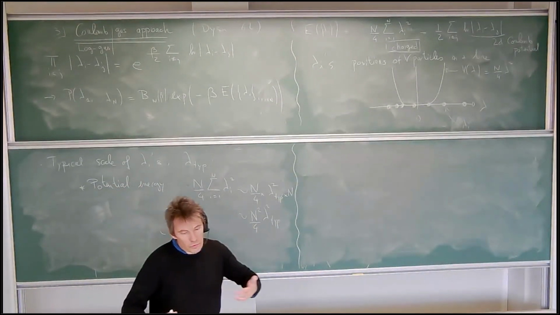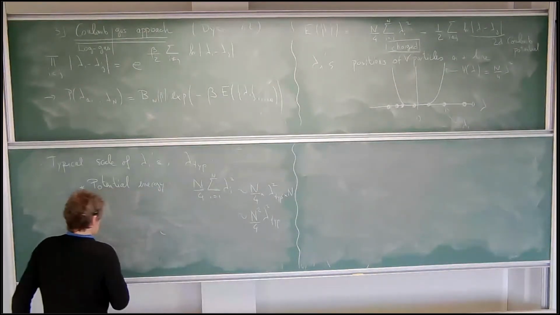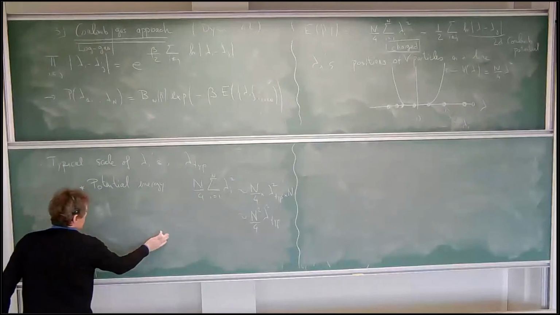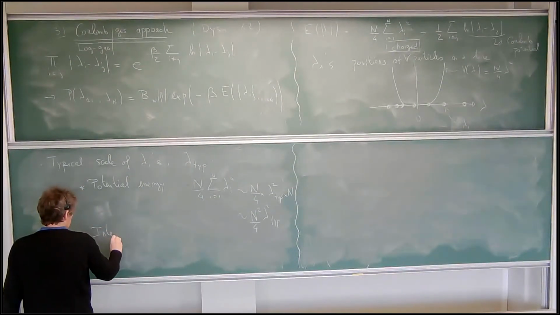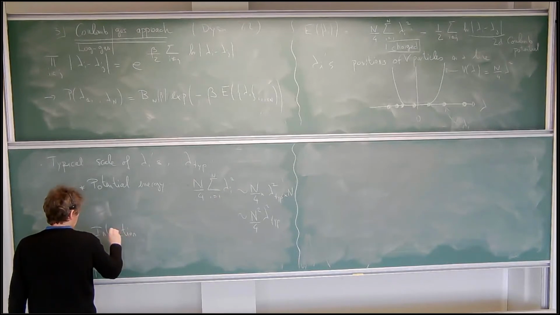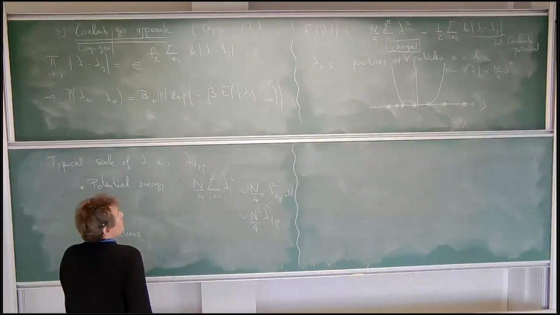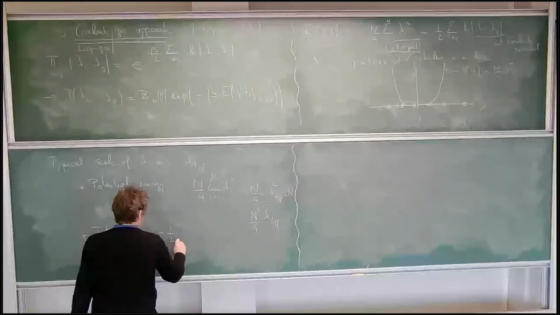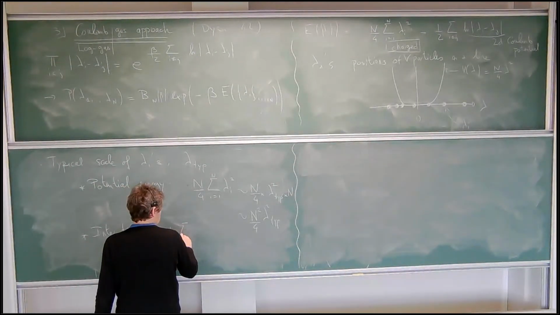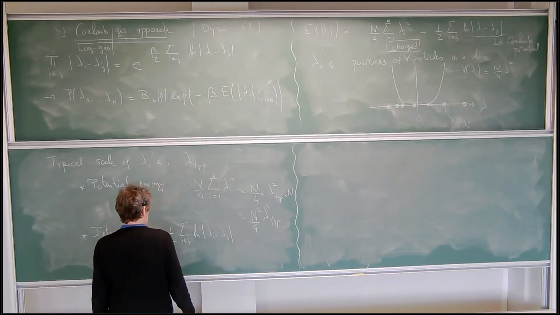Okay, and now I want to estimate or compare this with the interaction terms. So the interaction is a bit peculiar because of the log. So let's do it this way. The interaction will be simply minus half sum over i not equal to j of the log of lambda i minus lambda j.